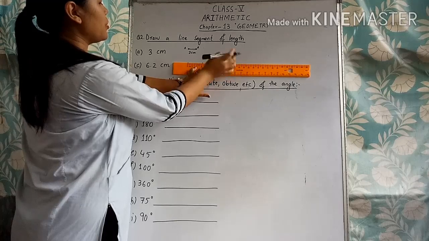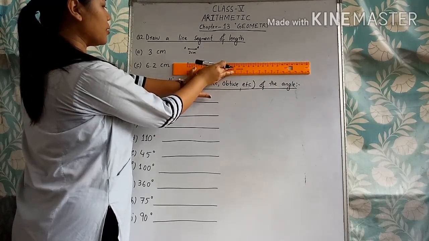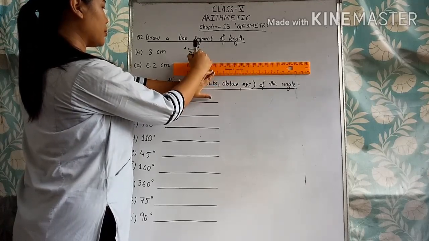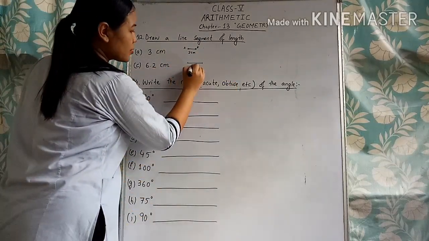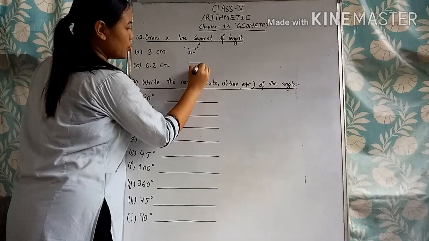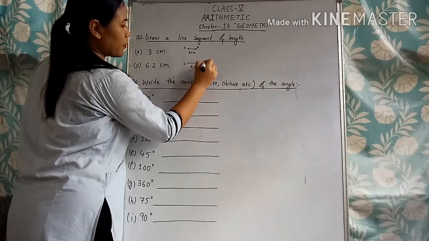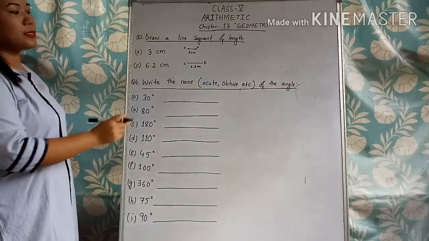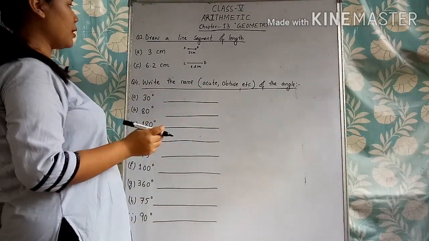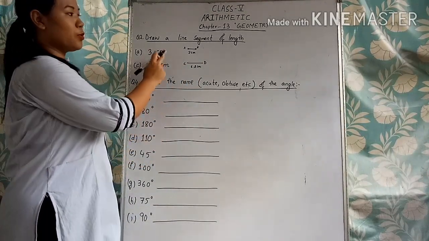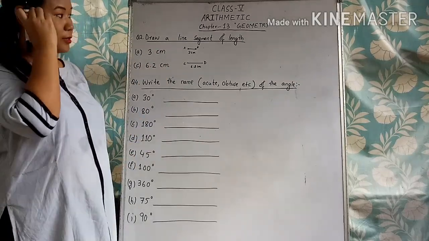Now after you put a point, you join these 2 points. So this line CD is 6.2 centimeter. So now you will be able to draw a line segment with the help of your scale.